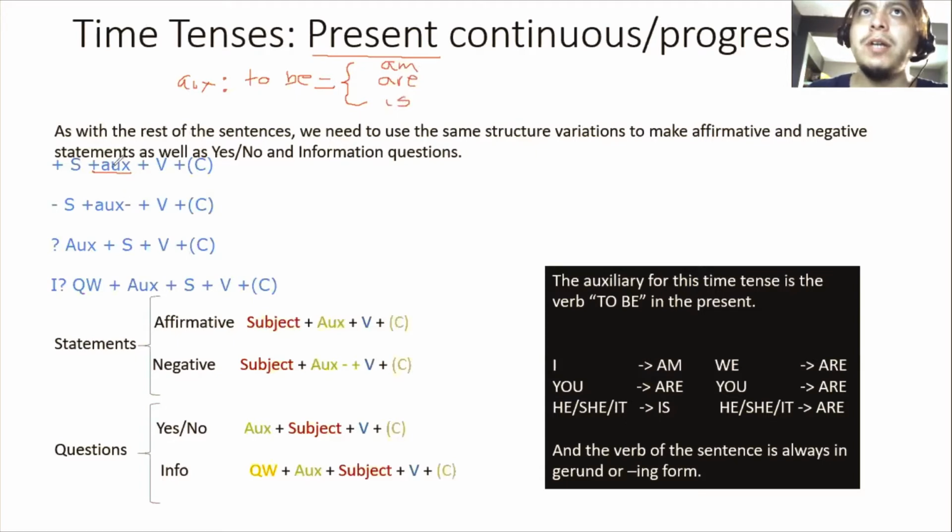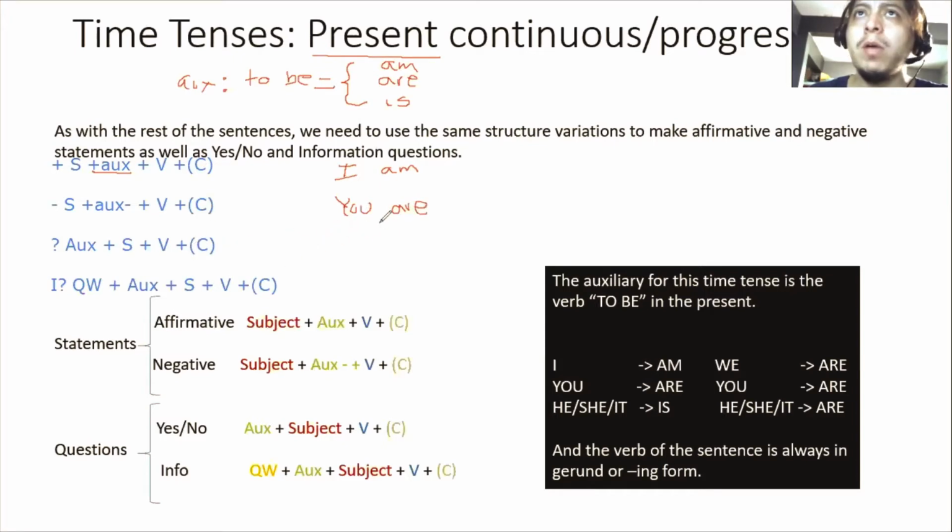So the auxiliary is, for example, if I have the subject I, the auxiliary is am, right? Subject I, auxiliary am. If I have the subject you, the auxiliary is the verb to be in the present, but for the second person, it will be are.